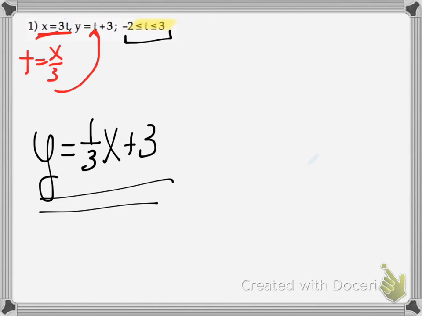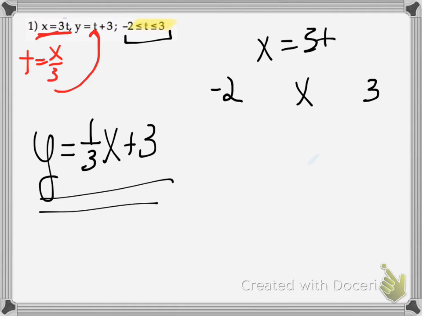So really you're going to use x equals 3t, and you're going to take your left bound, which was your -2, and your right bound, a 3. Instead of the t, what we want is an x in the middle.